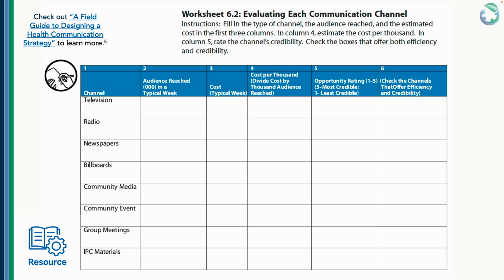Worksheet 6.2, Evaluating each communication channel, supports this assessment by guiding you to define the type of channel, identify the audiences it reaches, estimate the cost per 1,000 people reached, rate the channel's credibility from the perspective of your audience, and consider factors such as language, tone, visual appeal, and access. You can also check boxes to indicate which channels offer a balance of high efficiency and strong credibility, both of which are essential in rural public health communications.